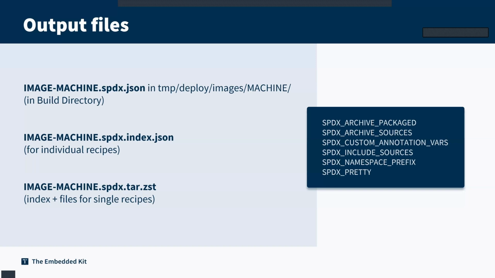But what is really important to understand is that even in the current latest LTS releases, Kirkstone and Scarthgap, you have some options to enhance, to package, or to include. All the values I've put on the right, you can find in detail in the documentation.